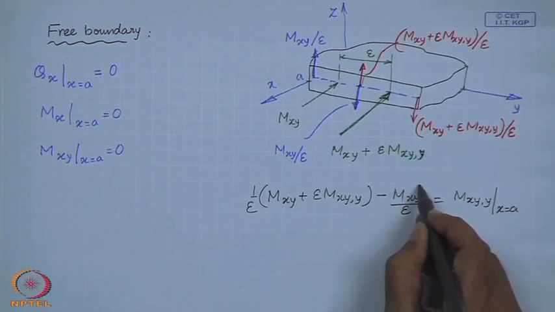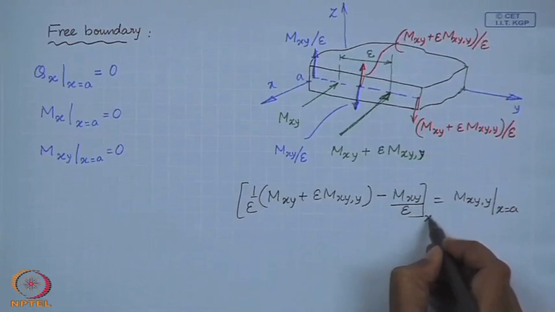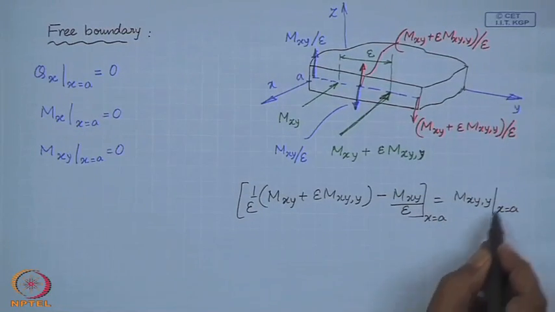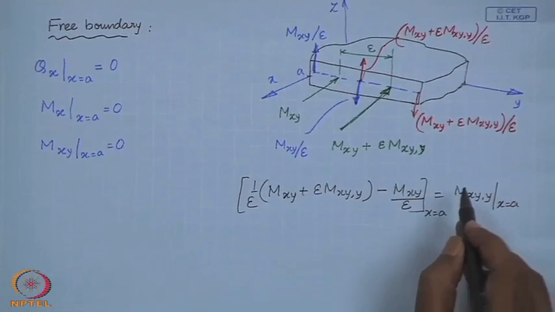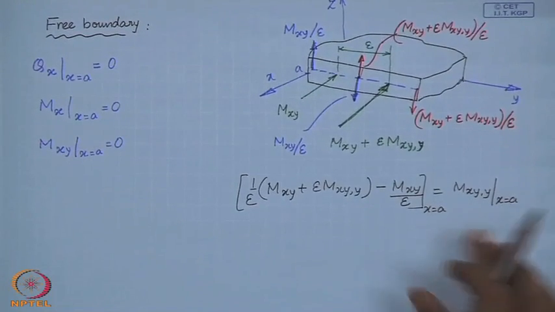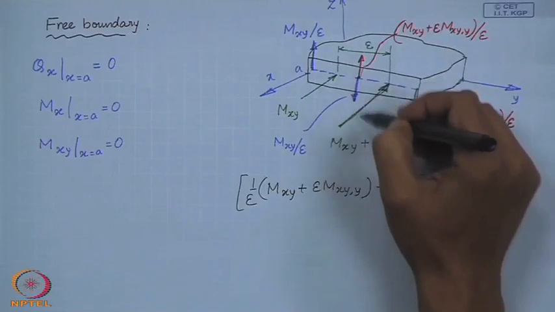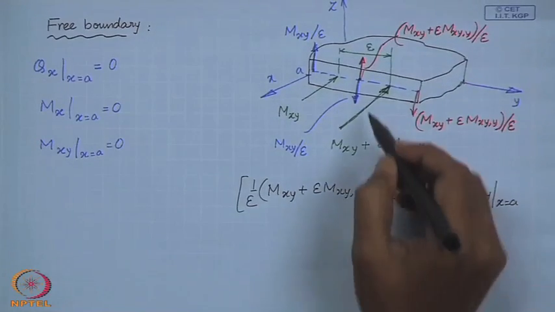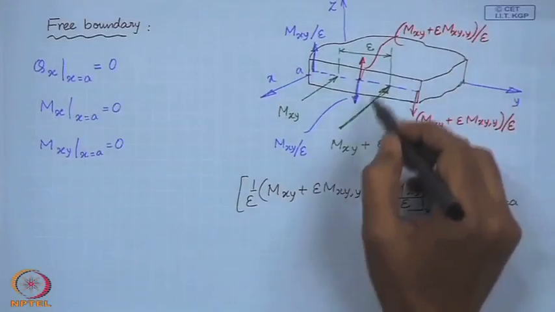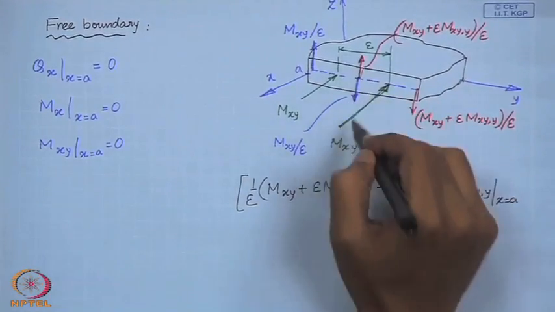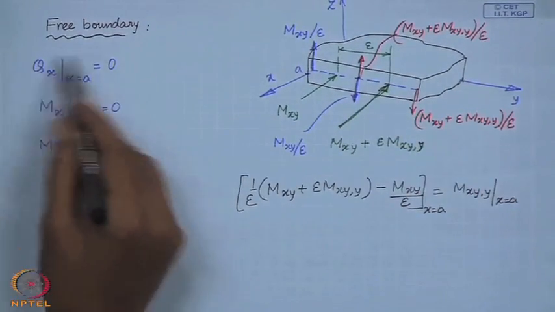All these things are calculated at x equal to a. So, this is an additional edge resultant force which is in the transverse direction, same as q x.